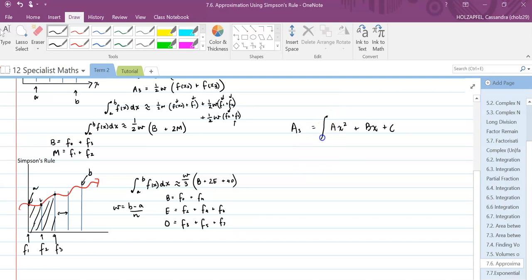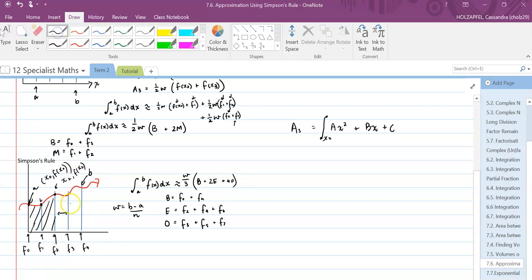So this area is going to be the integral from, what's this first value here? This first point would be x naught and then f of x naught. So we're going to substitute in that x naught value first. And then we're going to go up to this function here. So this will be x1, this will be x2, and this will be f of x2. I think I need to fix up these three values down the bottom here once.